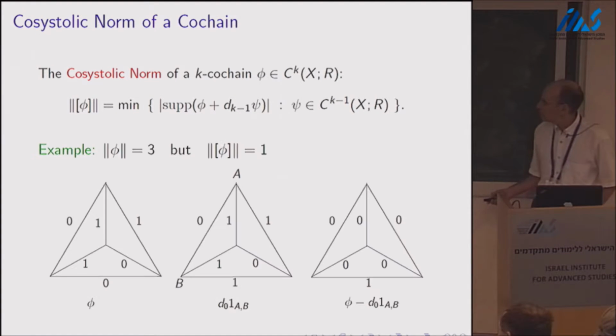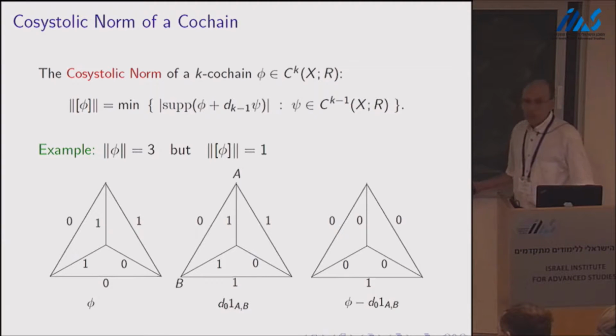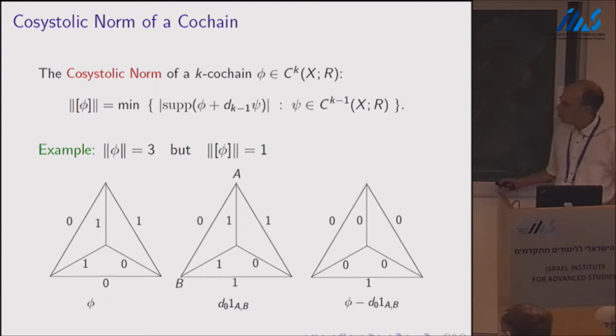and we take the minimum of this. For example, let's look at this phi, whose support is 3, but actually we can perturb it by adding to it the following coboundary. Adding to it the following coboundary, mod 2, we get this plus this equals this, and the support of this is just 1.